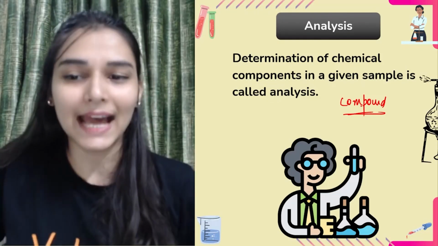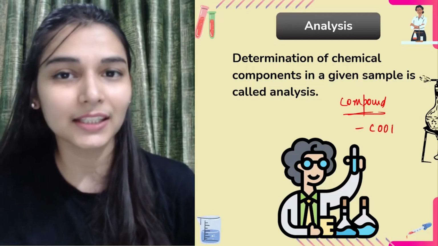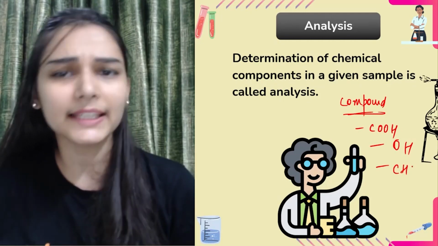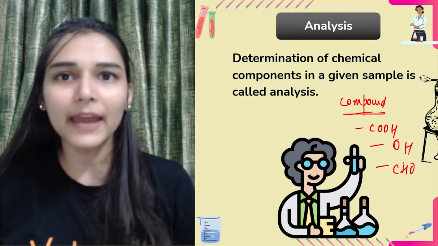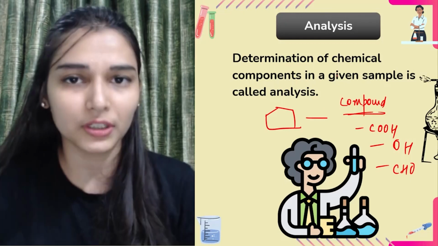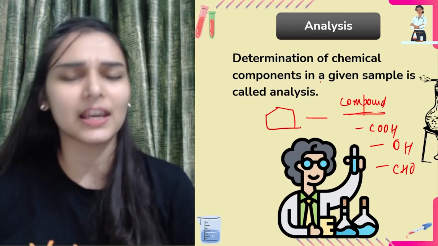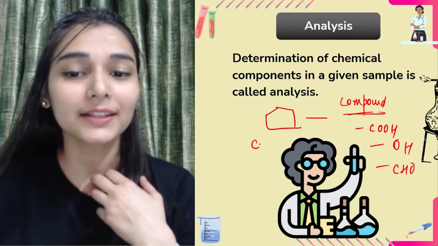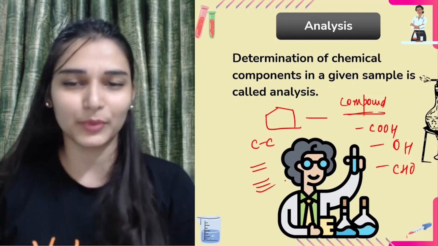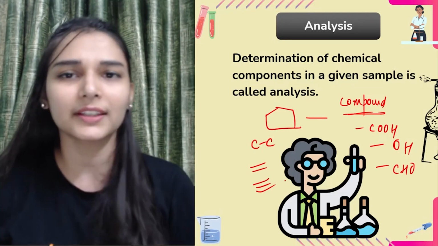Whether it is an acid, having an acidic group, a carboxylic acid group, or it is an alcohol, or let's say it's an aldehyde. I want to know whether it is a cyclic compound or an open compound, simply aliphatic or aromatic, whether it has carbon-carbon single bonds or some unsaturation is present. I want to know each and everything about it.